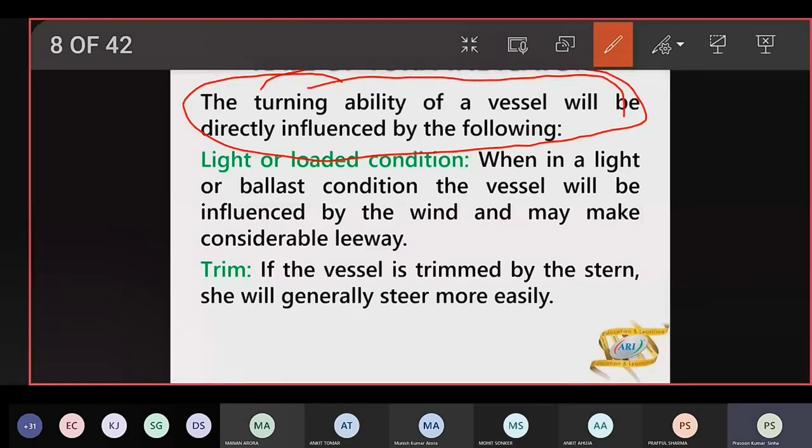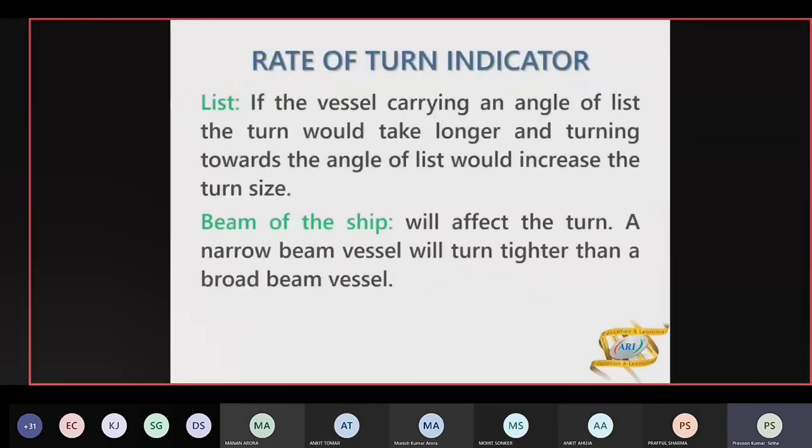So loading condition, displacement, that is trim, list of the vessel. Turning towards the listed side is difficult. Wider ships turn with difficulty.